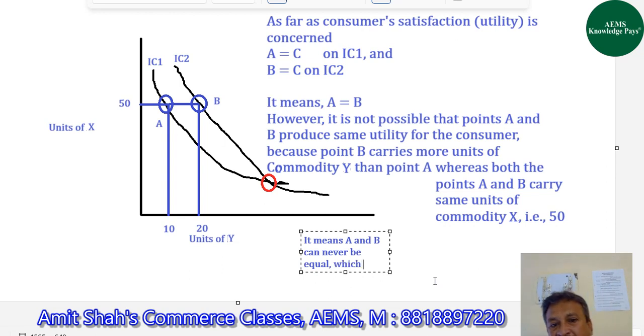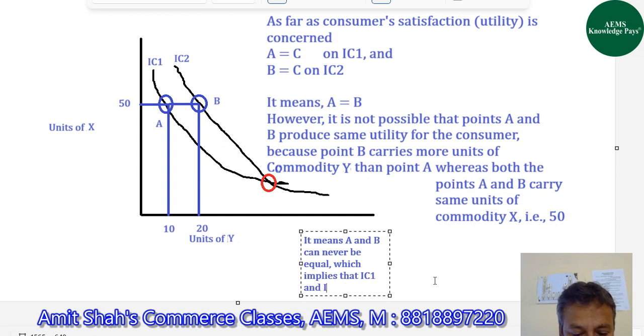And since A and B can never be equal, which implies that IC1 and IC2 can never have a common point.